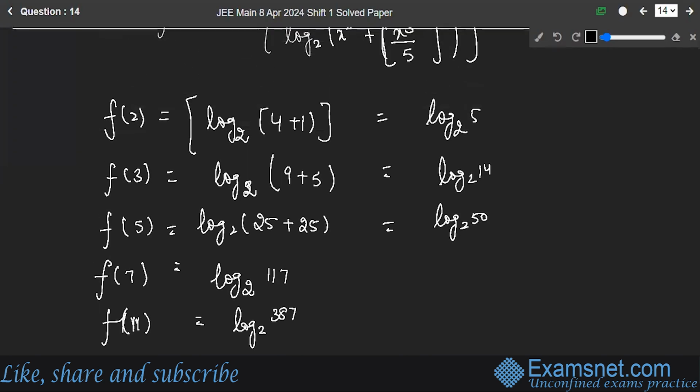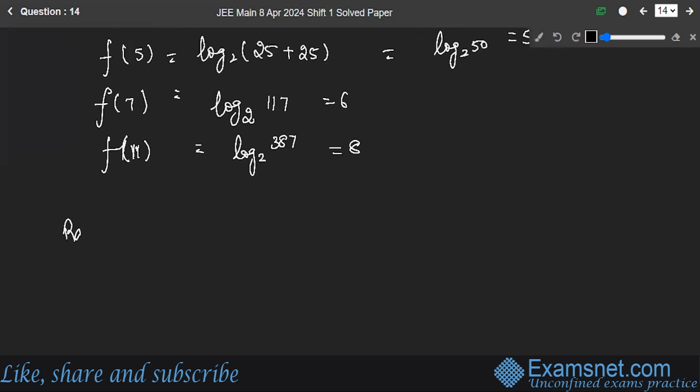Now, this is equal to 2, 3, 5, 6, and 8. So your range will be given by 2, 3, 5, 6, 8.